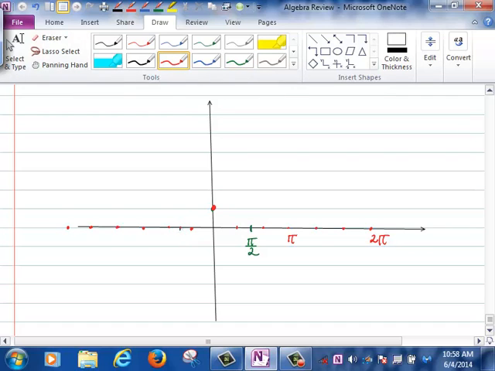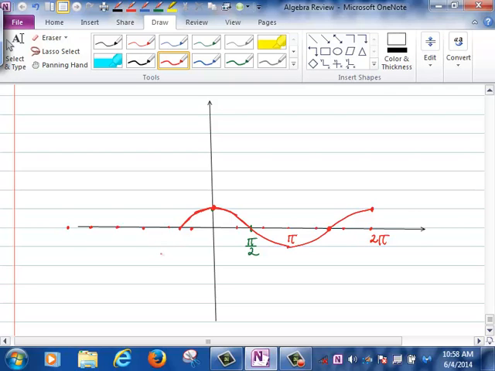So I'm going to get something like this here. And at pi, the value is -1. And where is 3 pi over 2? 3 pi over 2 is right here. And at 2 pi, the value is 1 again, right? So that's how it looks there.